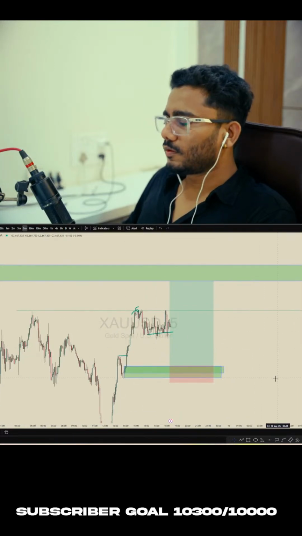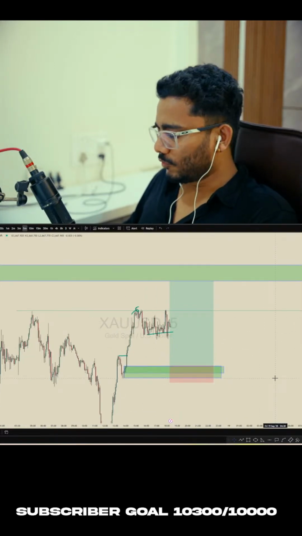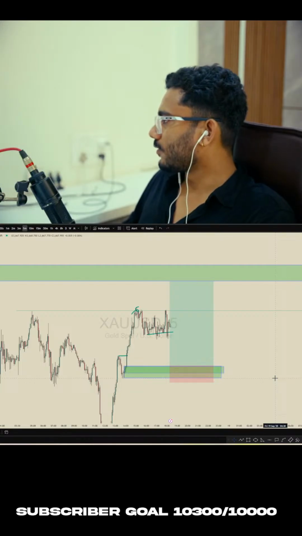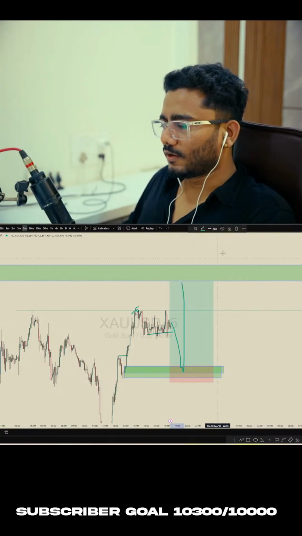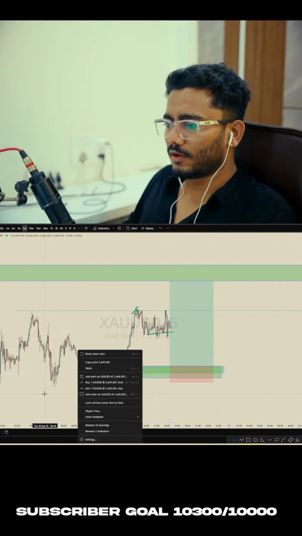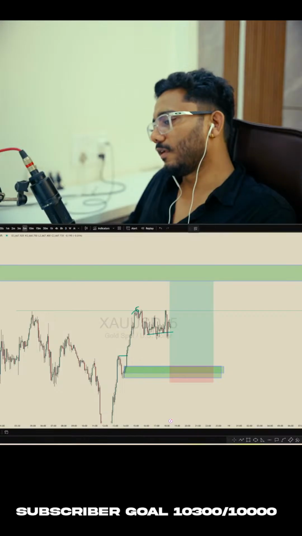The problem with change of character is most of the time price will not give us a confirmation. Like it will tap the order block and then it can continue without giving any retest. That's why on gold probably I like to look for direct entry rather than looking for confirmation.